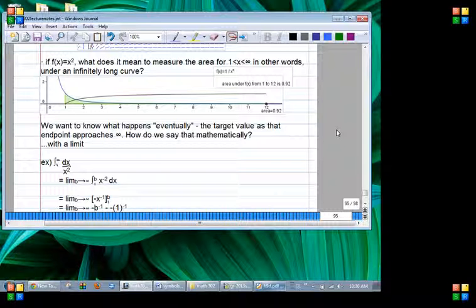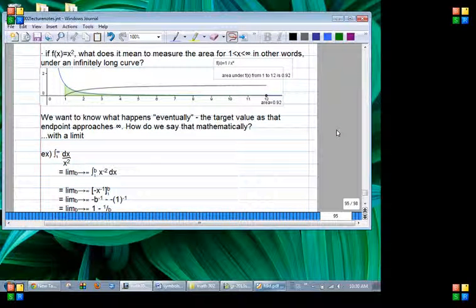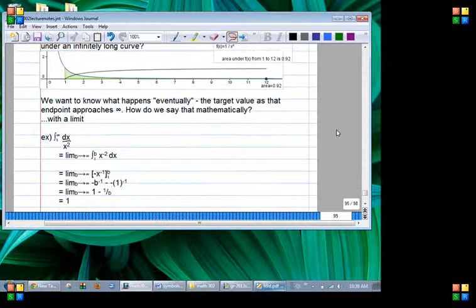Now we have to evaluate that. Straightening that out algebraically, it's 1 minus 1 over b. Now what is the limit of that as b goes to infinity? Well, 1 over b just goes away, it goes to 0. So the entire expression equals 1.